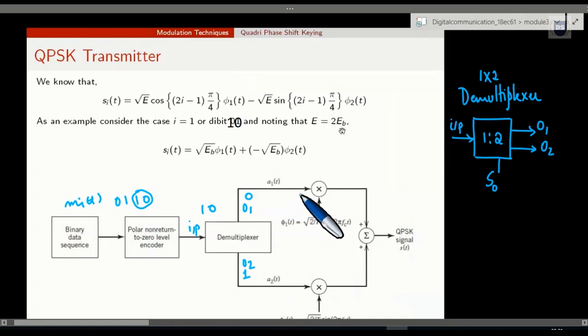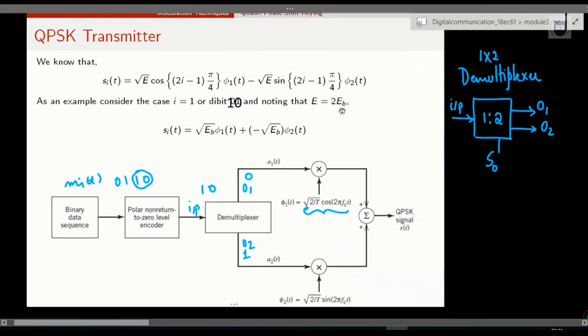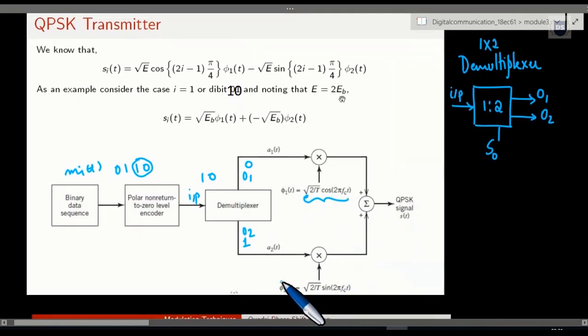In turn this will be sent onto a multiplier stage where it gets multiplied with the basis function phi1 of t, whereas the other bit gets multiplied with the other basis function phi2 of t, and in turn we sum up these two values in order to get our QPSK signal.